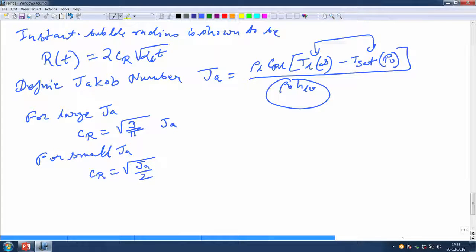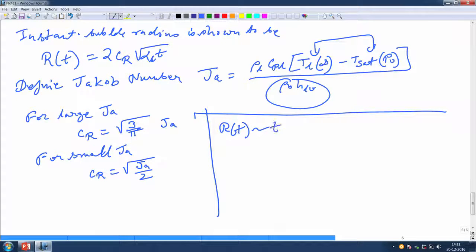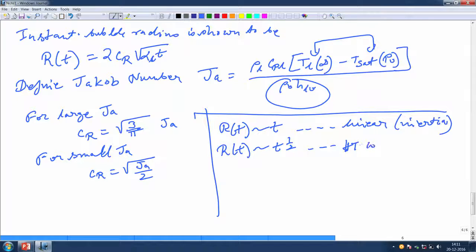Therefore, there are two stages. In the first stage, R(t) is proportional to t, which is what we call a linear growth regime, which is inertia controlled. In the second stage, R(t) is proportional to root over t, which is heat transfer controlled.